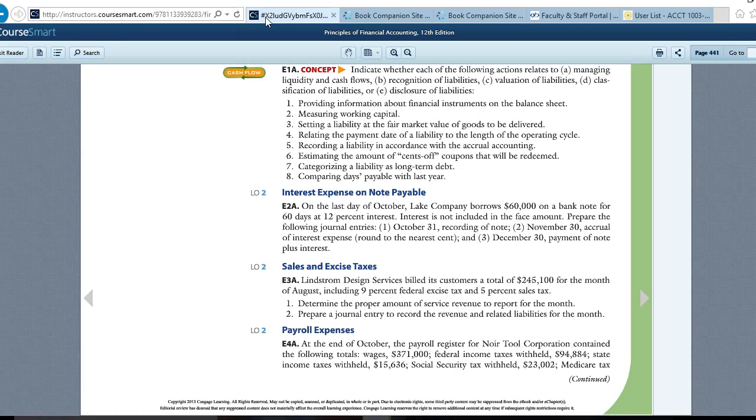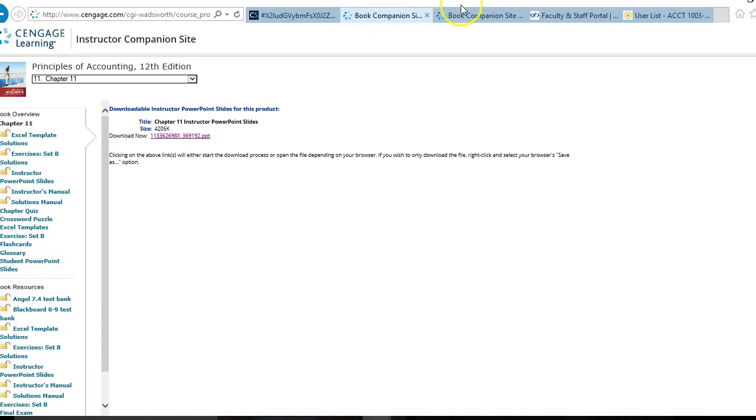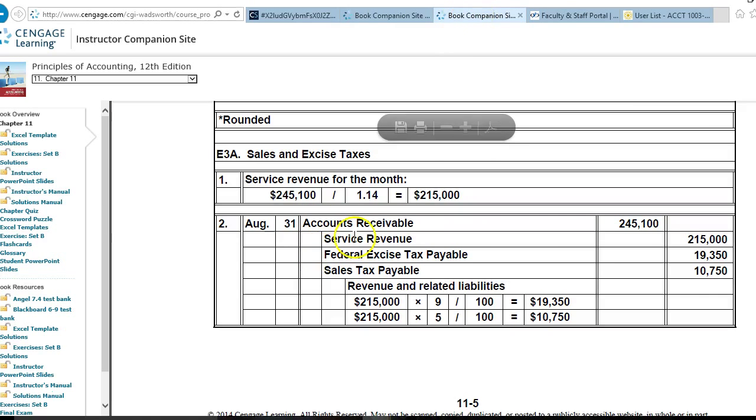Okay? So our sales are 100%. We collected excise tax and sales tax of 14%. So if we take this total amount of $245,100 and we divide it by 1.14, we'll calculate how much is for just the sales.